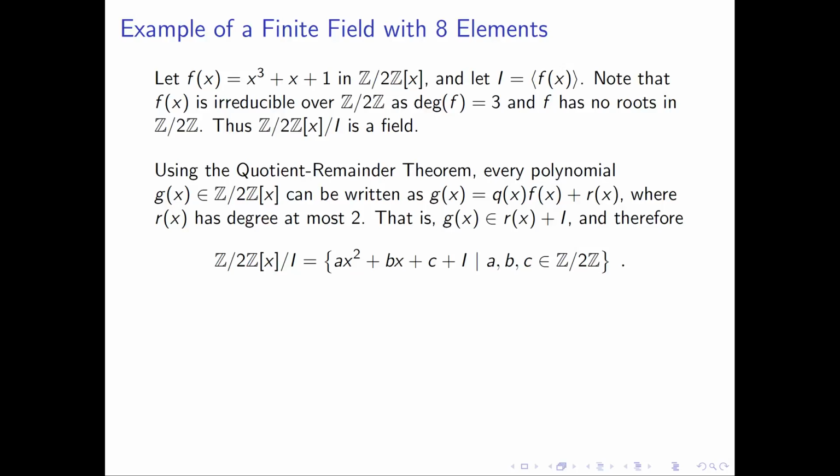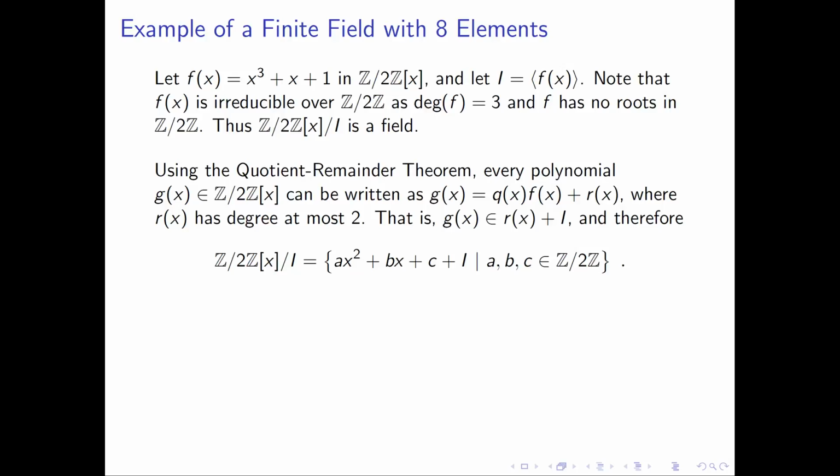As we did in some of our previous slides, let's use the quotient remainder theorem to take an arbitrary polynomial that lives in this ring Z mod 2 adjoined x. Let's take that arbitrary polynomial g(x) and write it as q(x) times f(x) plus r(x), where r(x) is the remainder. What that means is that the remainder is a polynomial in Z mod 2 adjoined x that has degree at most 2.